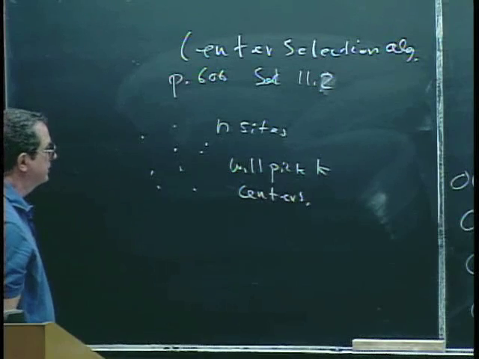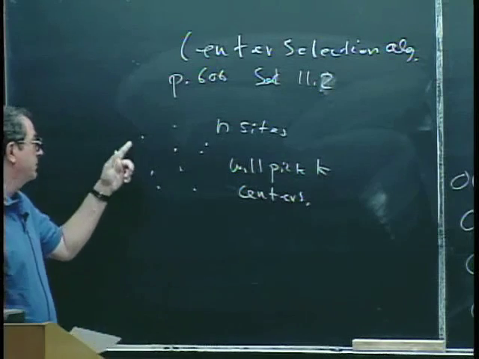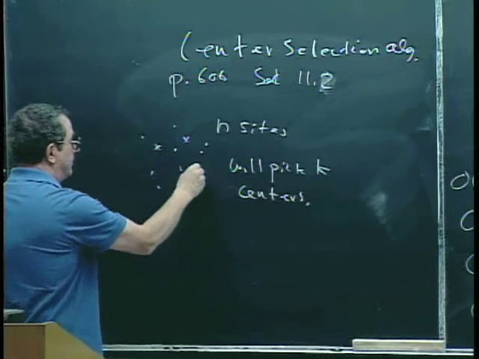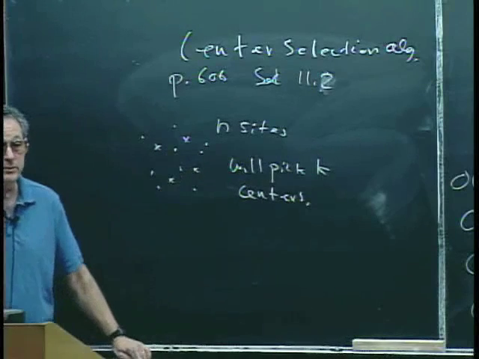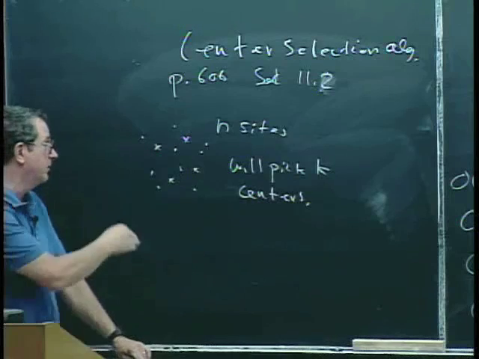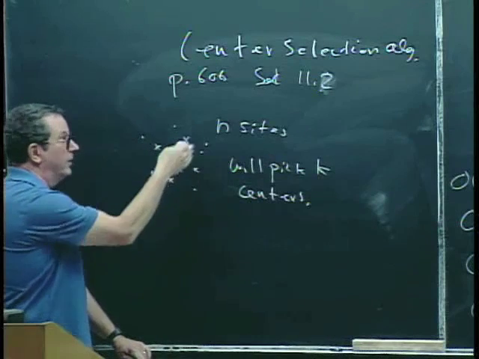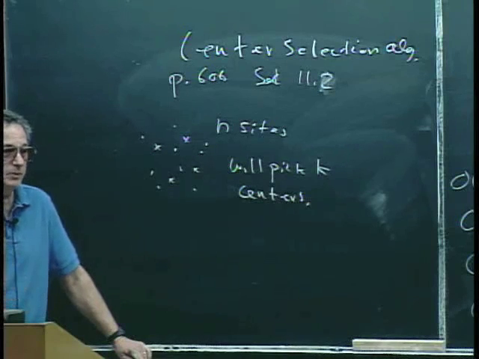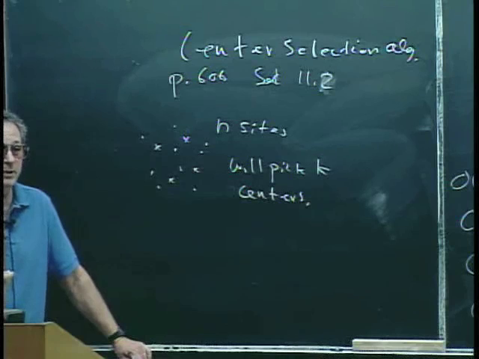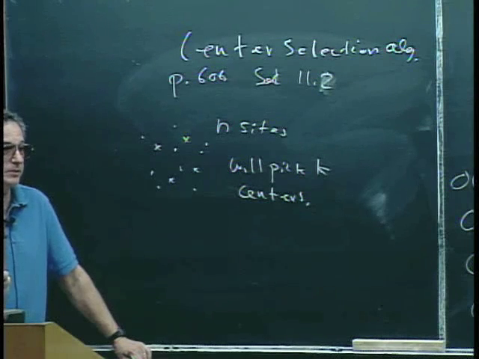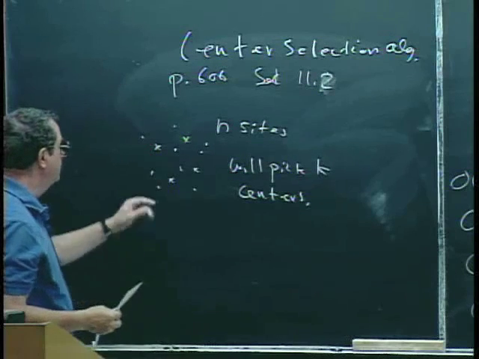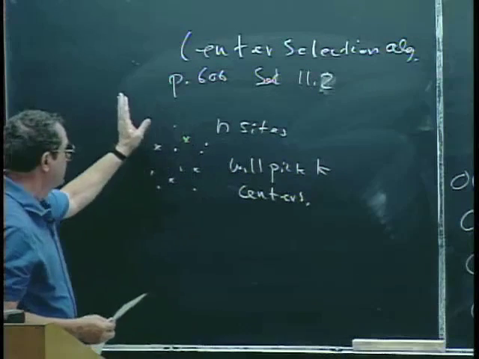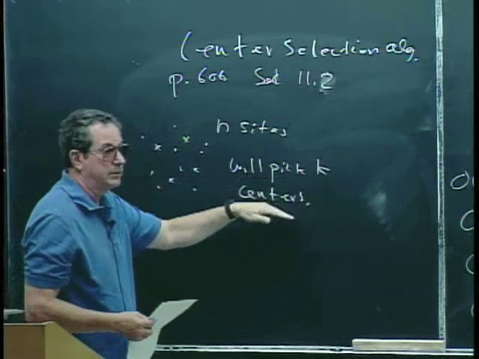If you want to think of this in concrete terms, these are houses, and we have a problem of picking places to put cell phone towers. The cell phone towers can be anywhere. They don't have to be right where a house is. This is reminiscent of one of the homework problems we had where the houses were on a straight line, although initially it was ambiguous whether you wanted the houses on a straight line or not. So here we have n sites, and we're going to pick k centers.